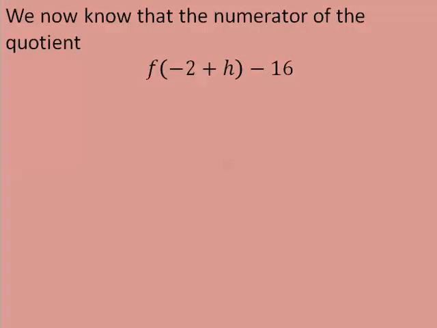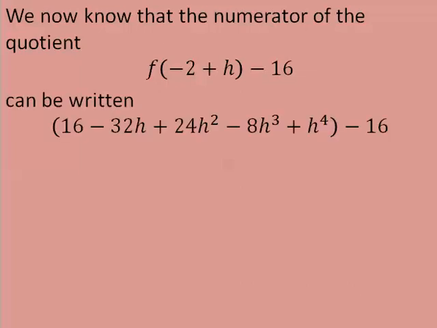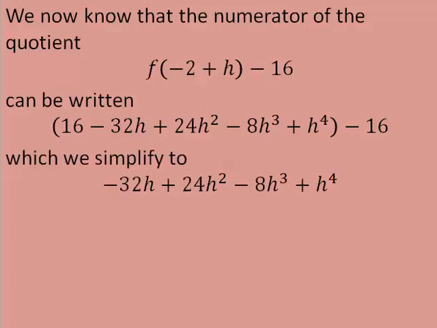Okay, how about if we focus on the numerator? We already found the first piece of the numerator. The second piece of the numerator is just to subtract 16. So I take that expression that I found for f of -2 plus h, and I just subtract 16. That's not so hard. And we get this expression.